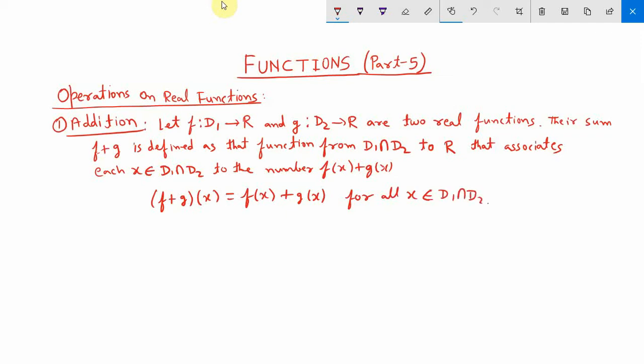Okay, so this is how we perform the addition of two real functions.